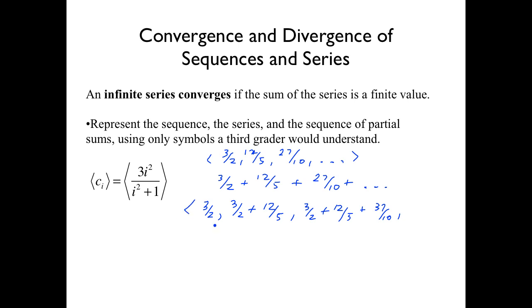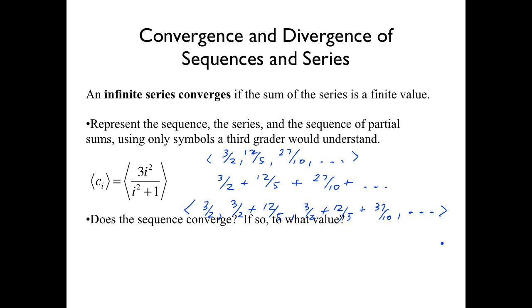Right. The sequence of partial sums. Now we make a new sequence. Each subsequent term of the sequence adds one more term of the original sequence, right? So that's the sequence of partial sums. Questions on that? Okay.